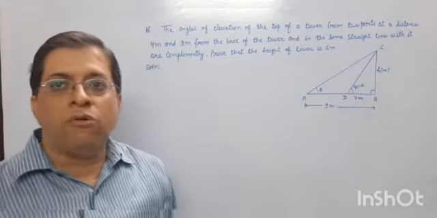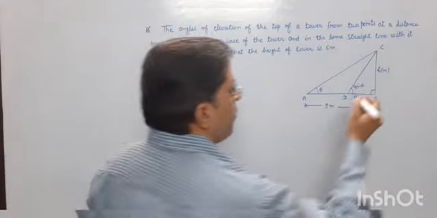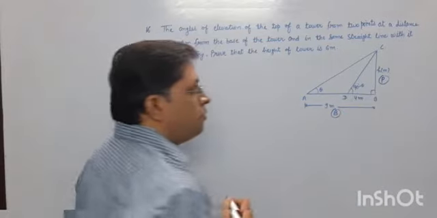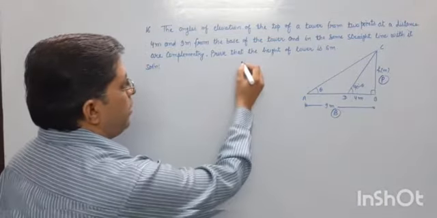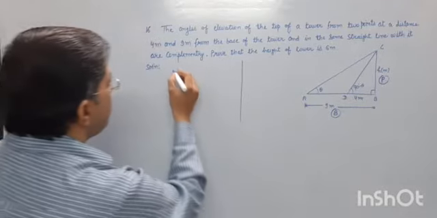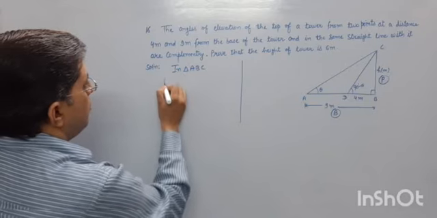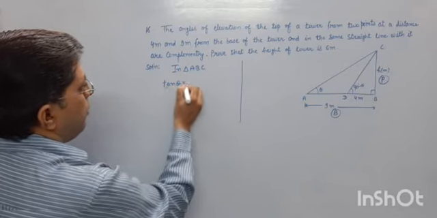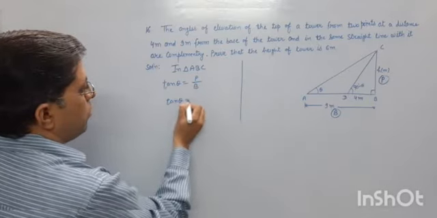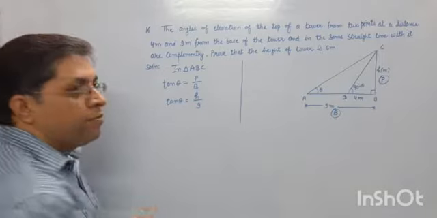It means again we have to take tan theta. Then take two triangles. One triangle is ABC. In triangle ABC, tan theta is equal to perpendicular upon base. Here perpendicular is H and base is 9.